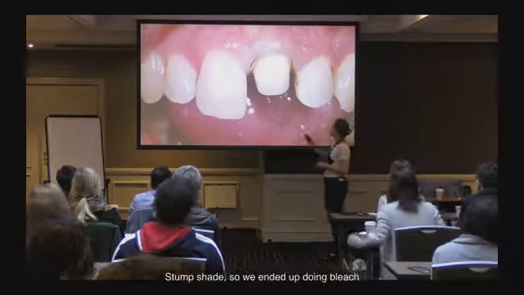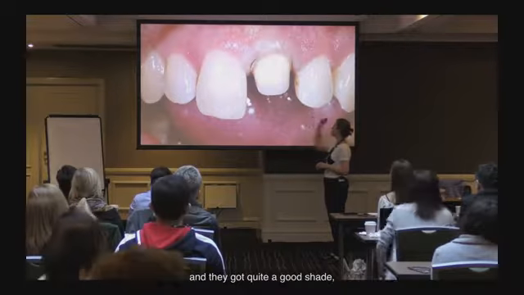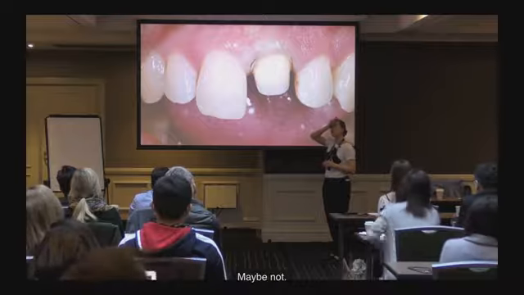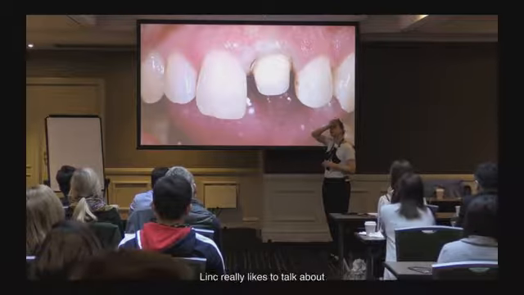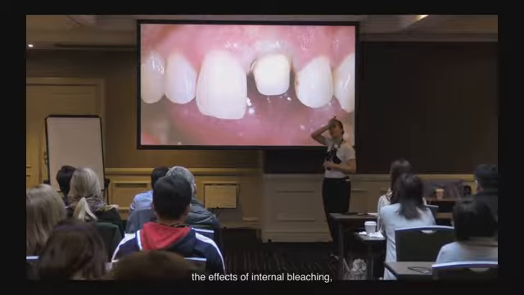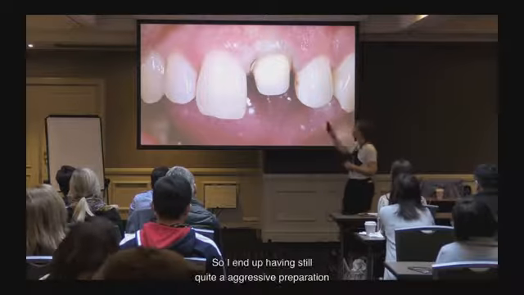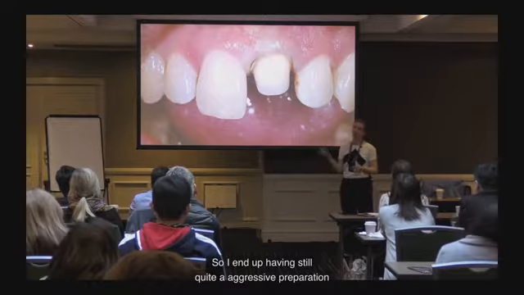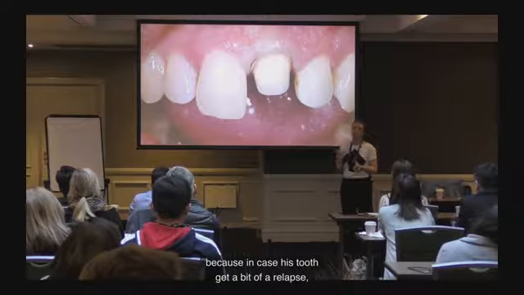Stump shade. We did the bleach and got quite a good shade, but would you entirely rely on that? Maybe not. Link very likes to talk about the effects of internal bleaching, maybe he will mention that after. So I still did quite an aggressive preparation, in case his tooth has a bit of relapse.